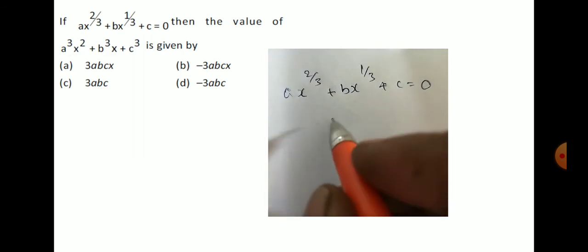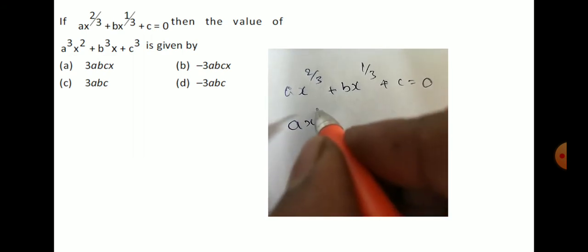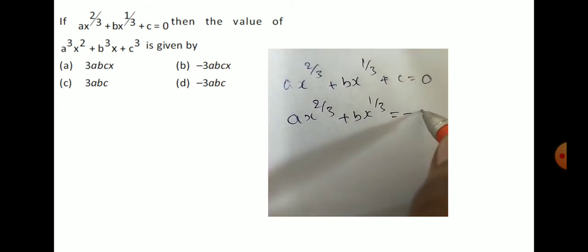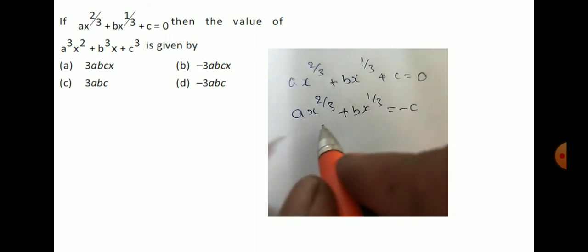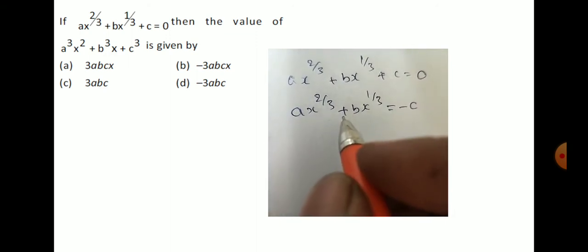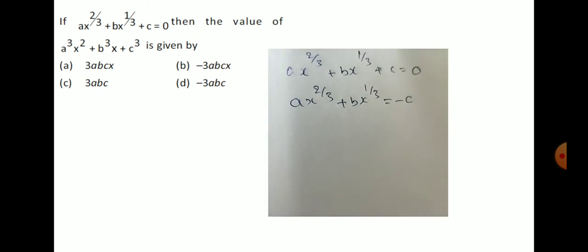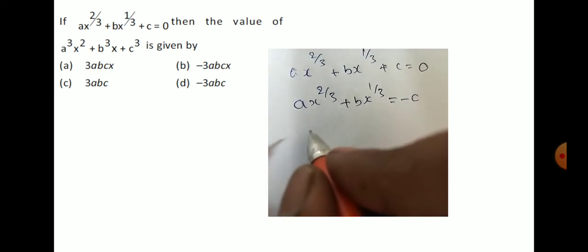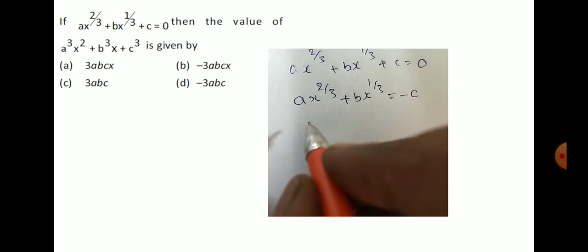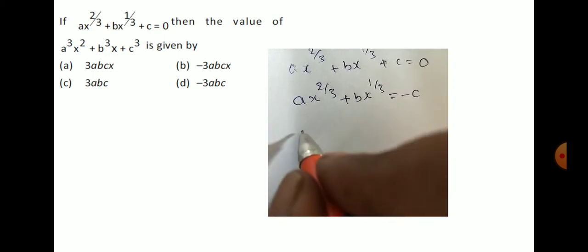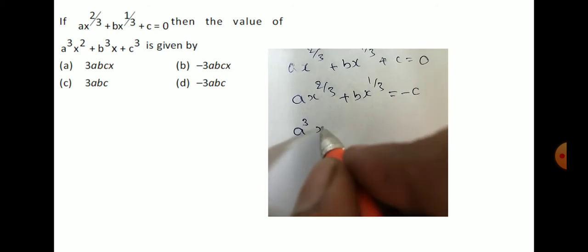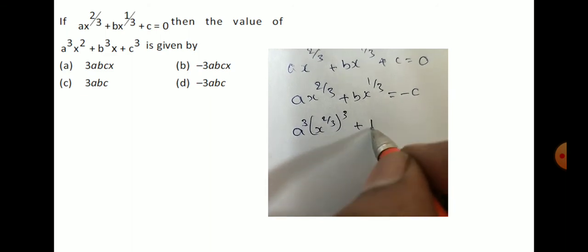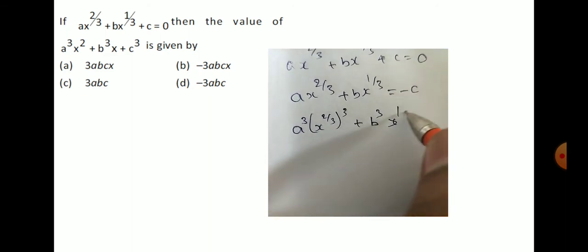Before that, what I will do is write ax^(2/3) + bx^(1/3) = -c. Now cube it, that is (a + b) whole cube. You can cube the terms: (a + b)^3 is a cube plus b cube plus 3ab into (a + b). In the similar manner, a cube is (a x^(2/3)) whole cube plus b cube into (x^(1/3)) whole cube.